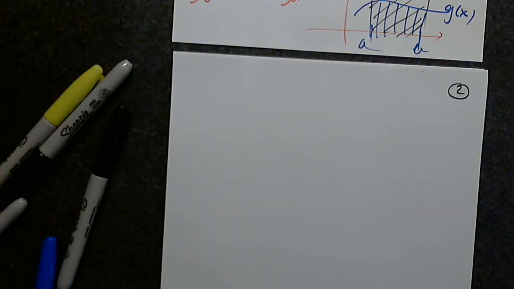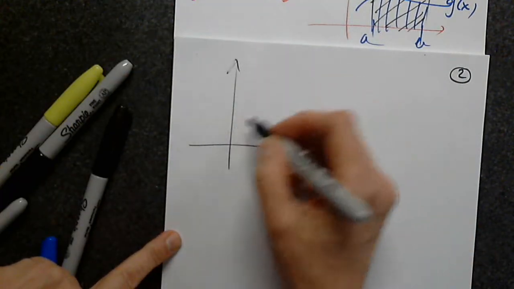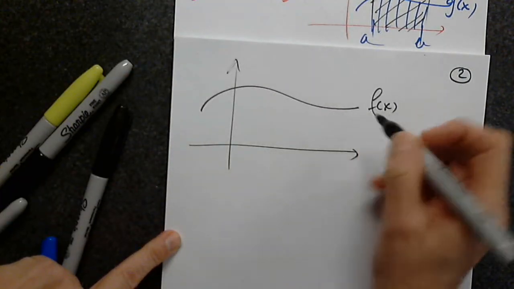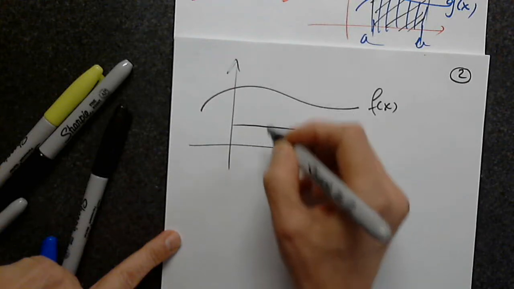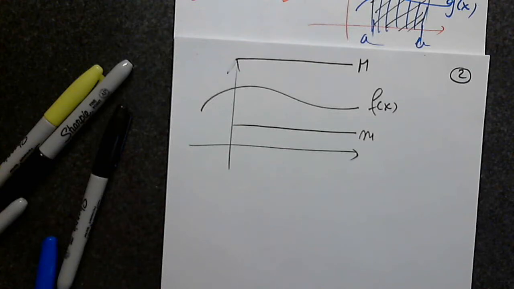Okay. So another, and the last property, is if we have a situation like this. Here's a function, and I know that this function is bounded between two numbers.